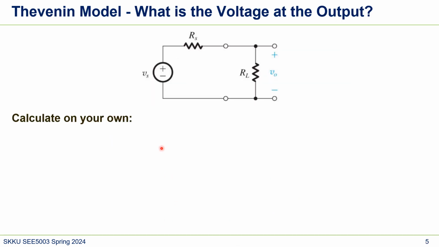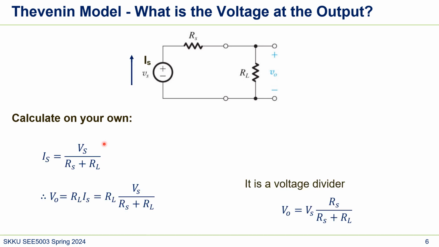Let's start with the Thevenin model. Here's an example circuit, very simple. I'll stop the lecture, and you can calculate here on your own. Here's the answer. The total current that flows from this voltage source is Is. By Ohm's law, that's the voltage divided by Rs plus RL. So Is is represented like this.